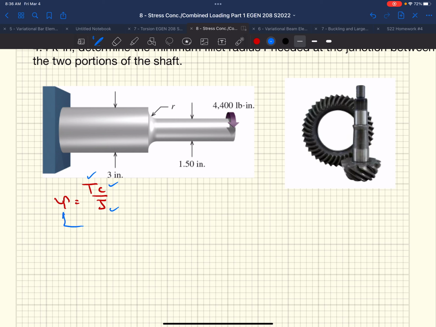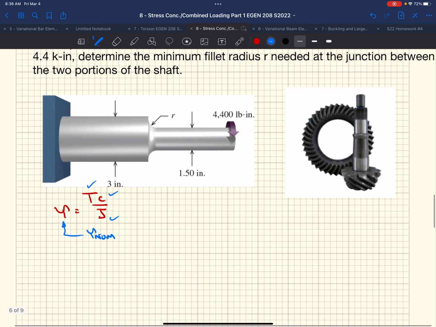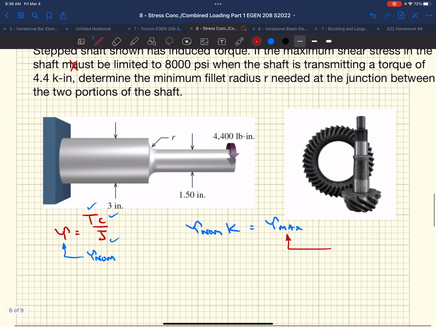This is now our nominal stress. When we're calculating the nominal stress, we're using the minor diameter because we're using the tables or figures in the book. And that nominal stress times our stress concentration factor gives us our max stress, which in this case, they say cannot exceed 8,000 PSI.